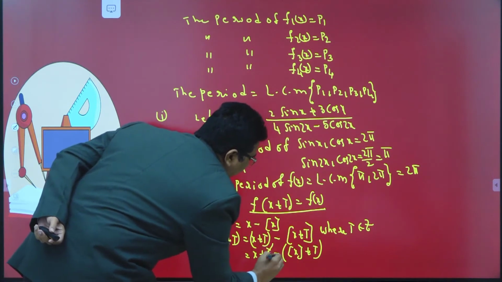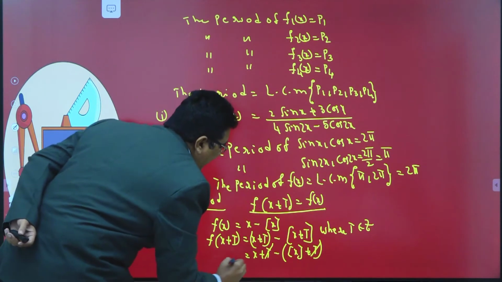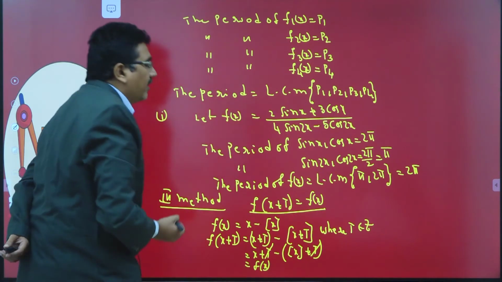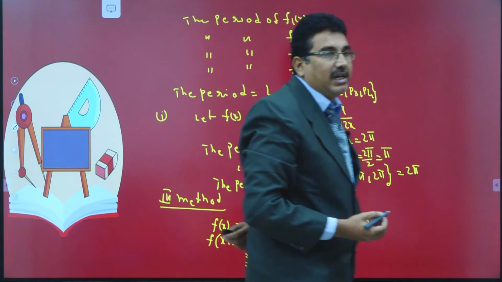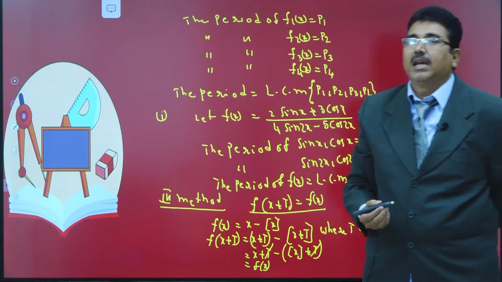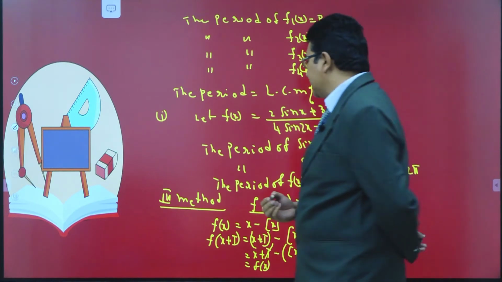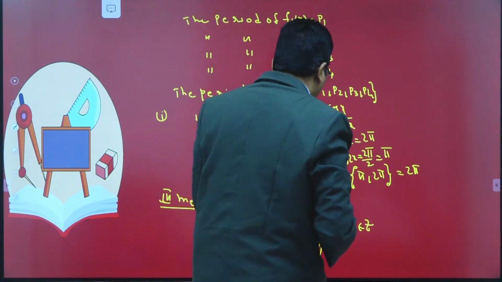Now t gets cancelled, that is equal to f of x. Right, f of x plus t is equal to f of x. This is true for all integers.